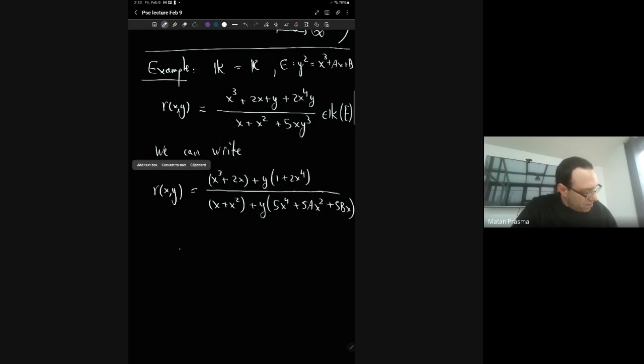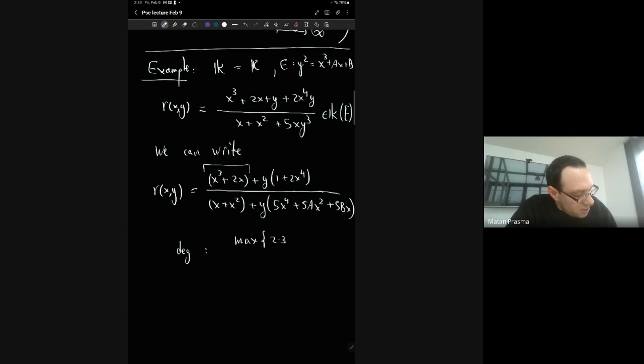Here in the numerator I have two summands, so it's the maximum between the degrees. The degree of the first is 2 times 3, because the degree of it as an ordinary polynomial is 3. I'm talking about this one.